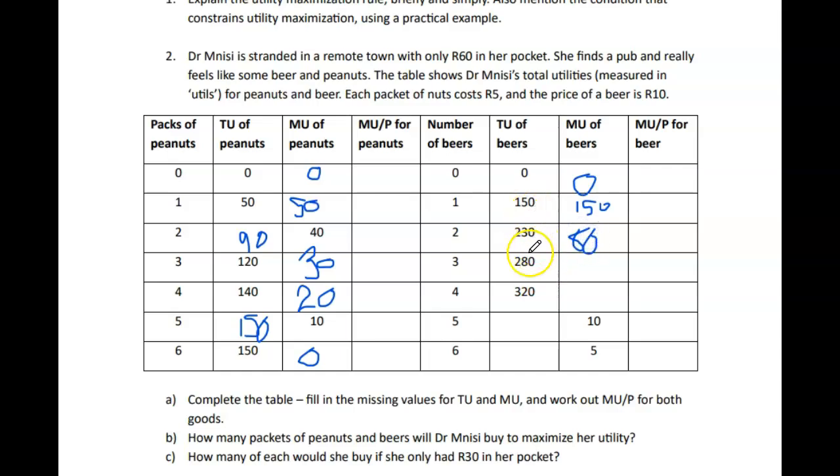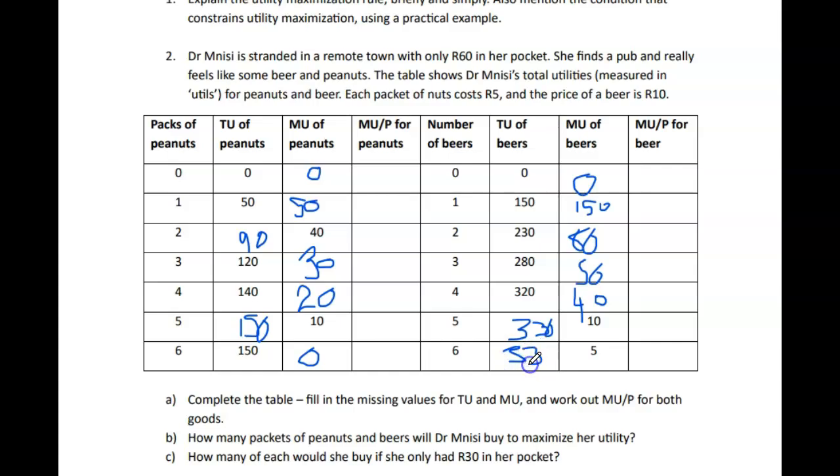Then there's a 50 Rand difference, so this will be 50. Here there's a 40 Rand difference, so it'll be 40. And then obviously here you work backwards, so 320 plus 10, that's 330. And the last one, 330 plus 5, that is 335.